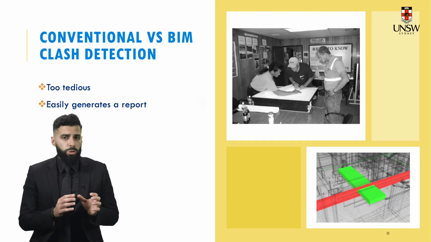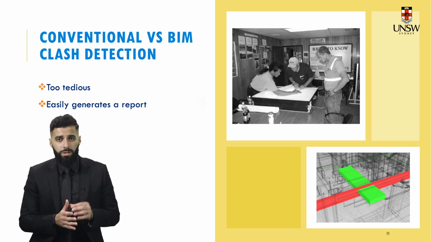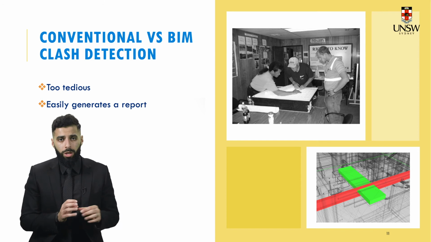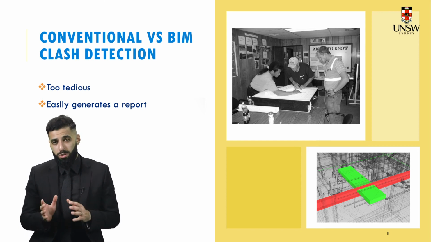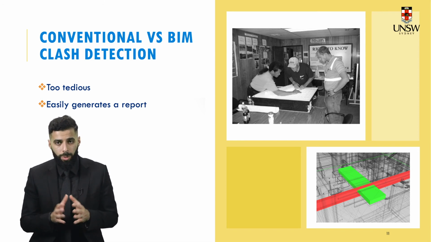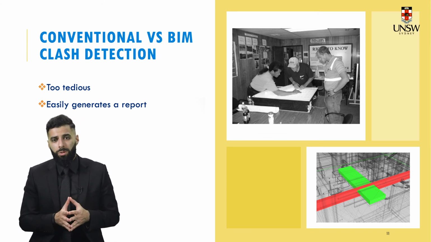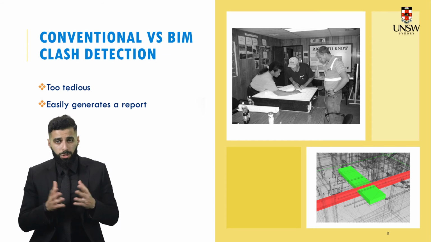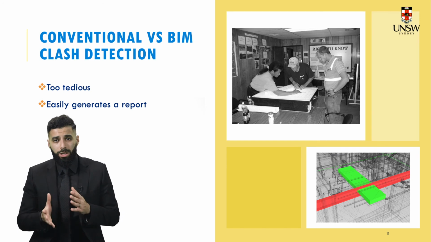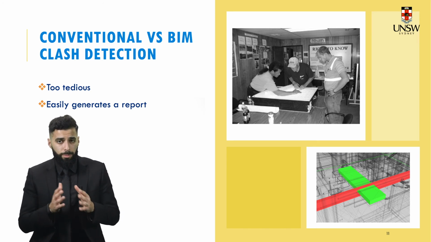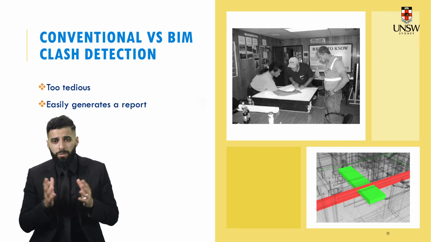Now I'll explain to you, just so that you can appreciate how helpful BIM is when it comes to clash detection, the difference between traditional clash detection versus how it would be conducted in BIM. Starting off with the traditional approach, you would typically overlay the 2D plan drawings on a light table, and then try to envisage them in 3D space. It's a very complicated process because you don't have any visuals regarding heights of objects.